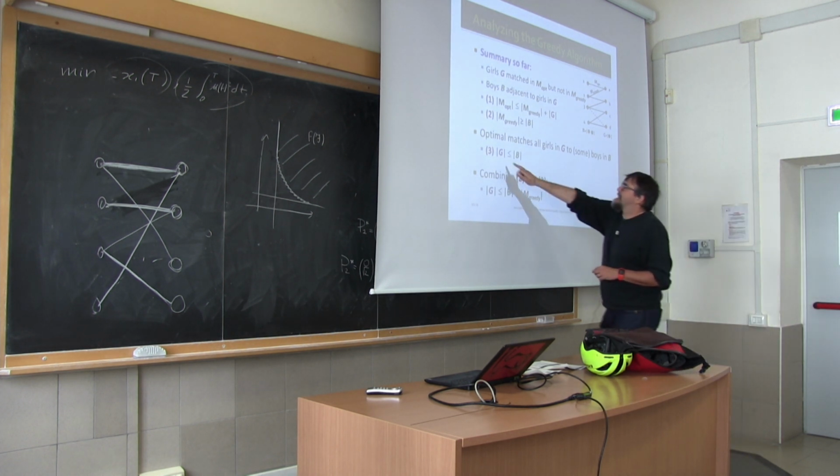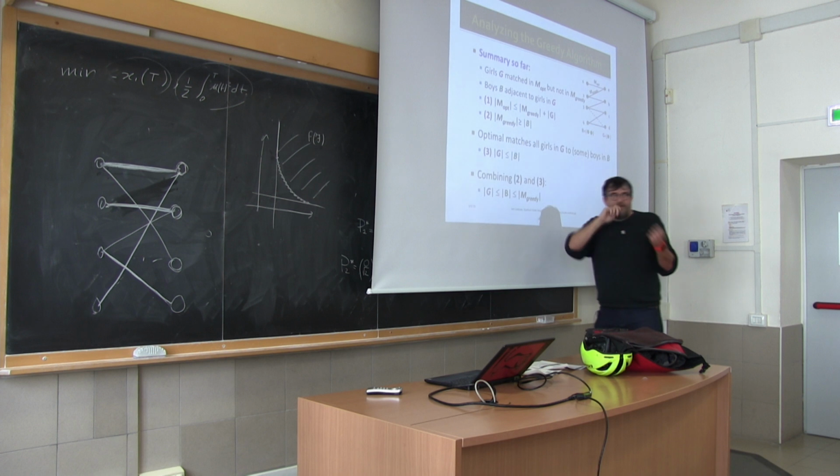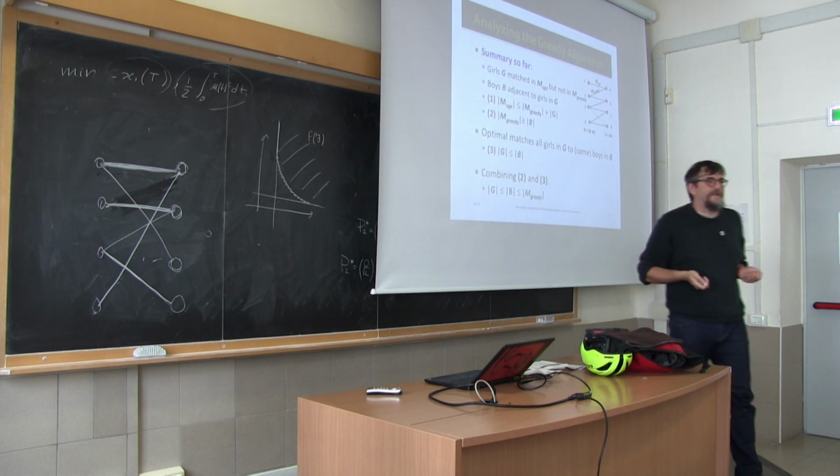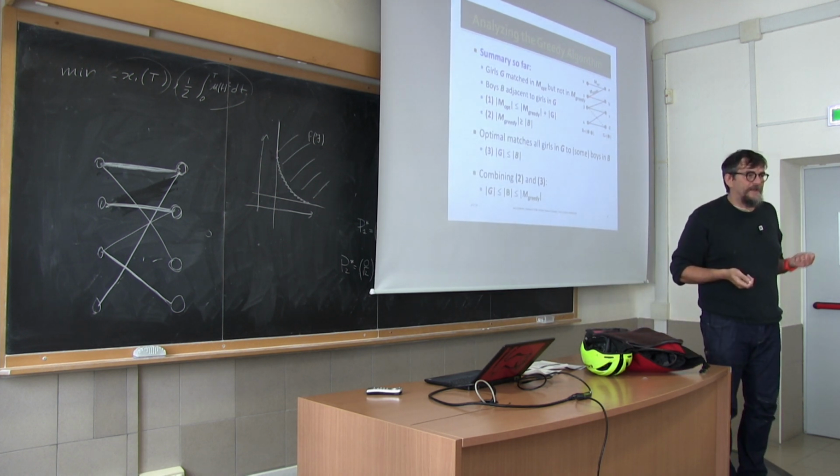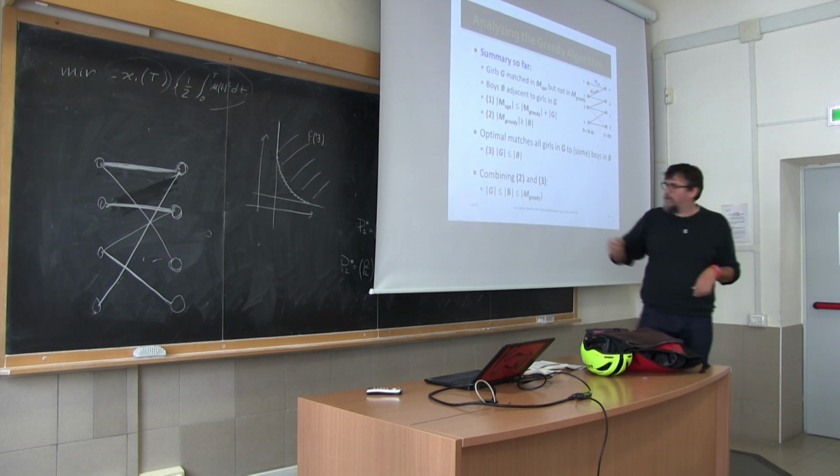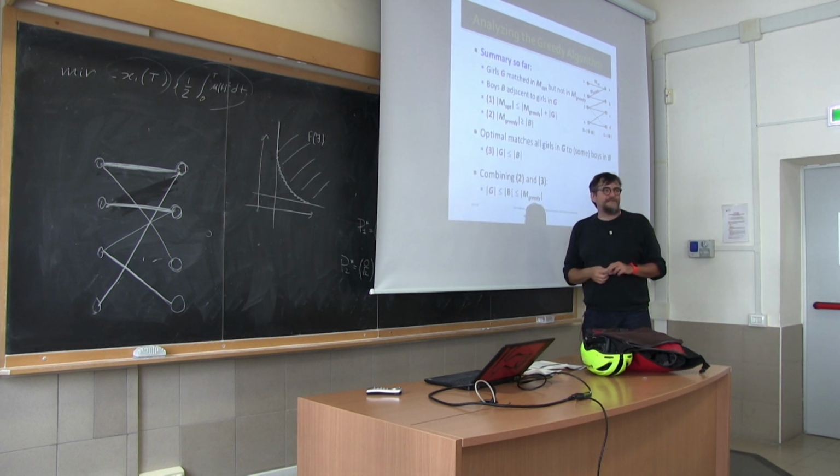And so the cardinality of G is less or equal to B. Namely, I need an option in order to connect, at least one option. There could be more than one. That's why it's less or equal, but at least I need an option.